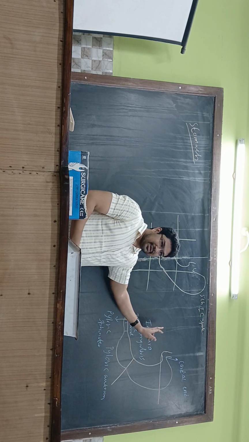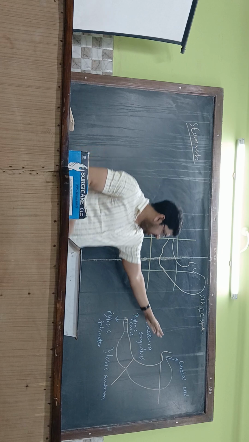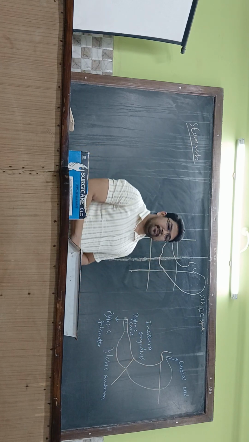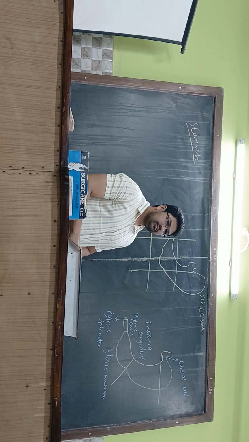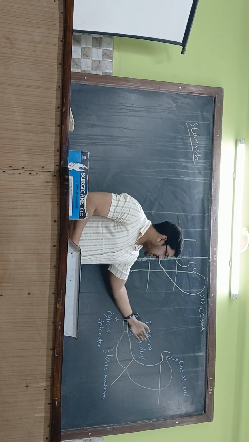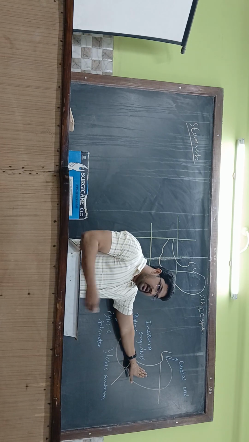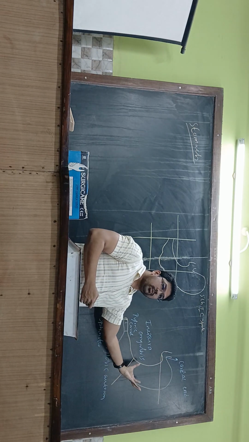So whenever your stomach is empty, what will happen? The stomach, the sphincter and the rest of the musculature of the stomach, what will happen? Sphincter must be closed and this must be relaxed over here. Then only whenever you take the food will be collected as a reservoir over here.